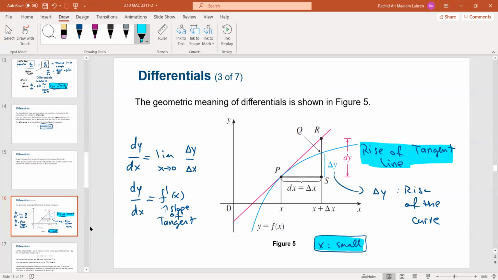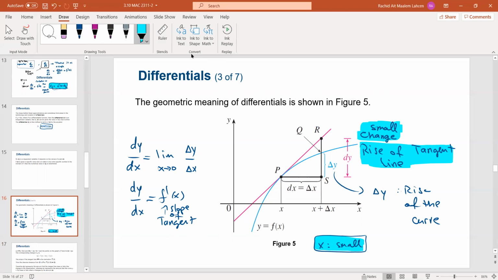When we say the rise, it doesn't mean up for sure, just whatever the change of y, right? So maybe I should put it there. That small change of y, but I use the rise so we are still connected with the slope idea, to make it simple.